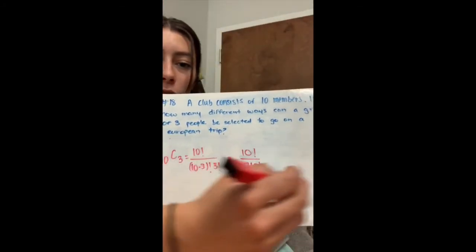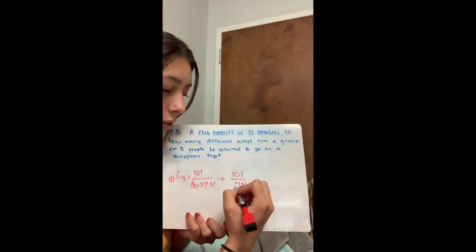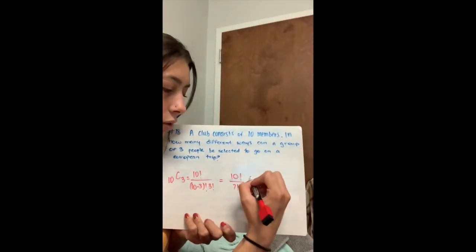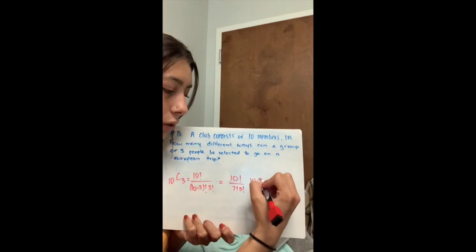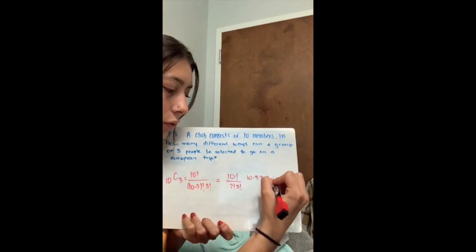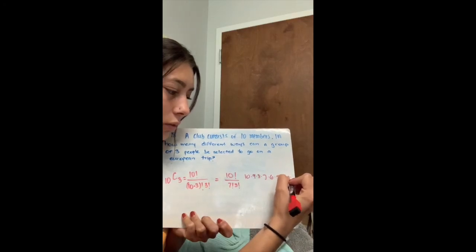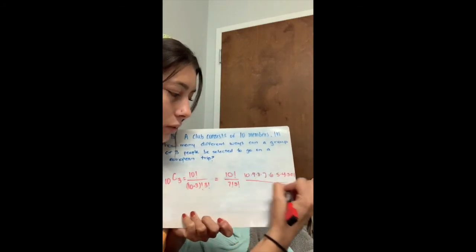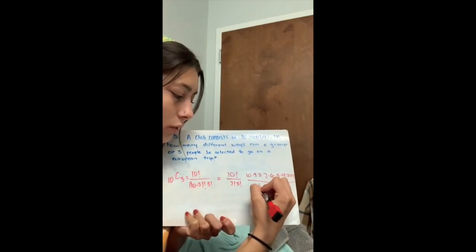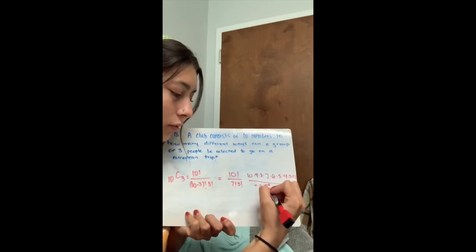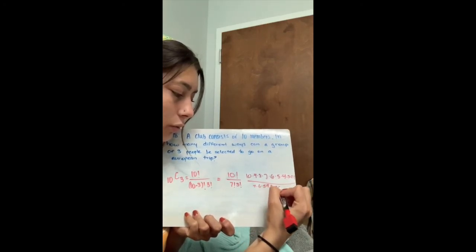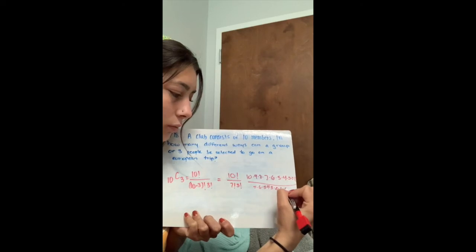And then from here, because there are like terms, I'm going to write it out just so it's more clear and you understand it fully, because this can be a little confusing. 3, 2, 1, over 7, 6, 5, 4, 3, 2, 1.